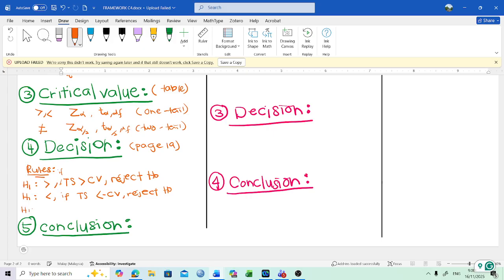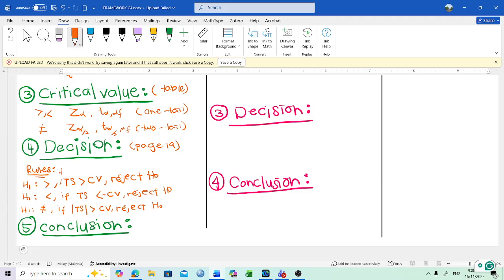If the alternative hypothesis uses the unequal symbol, then the rule will be: if modulus TS is greater than CV, reject the null hypothesis.